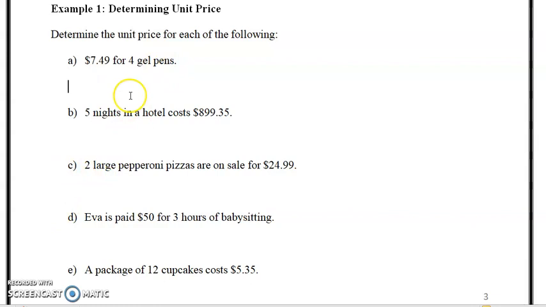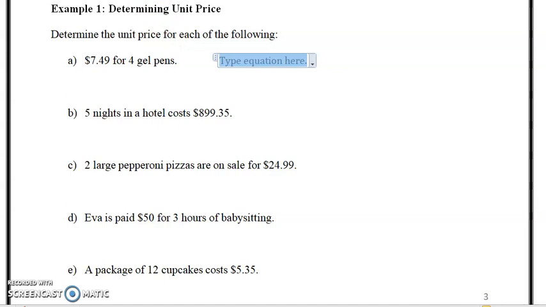So in the first example, it says determine the unit price for each of the following. If we have $7.49 for 4 gel pens, what is the unit price? So what they're looking for is the cost per gel pen.